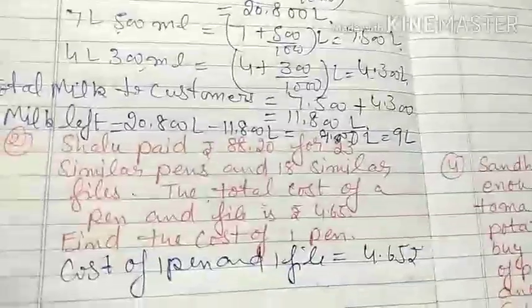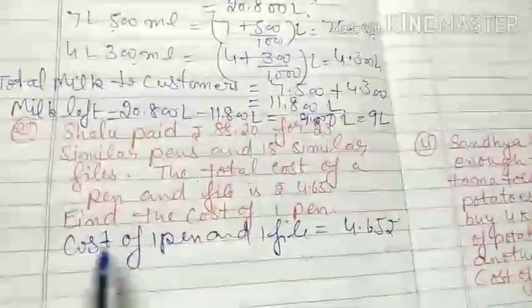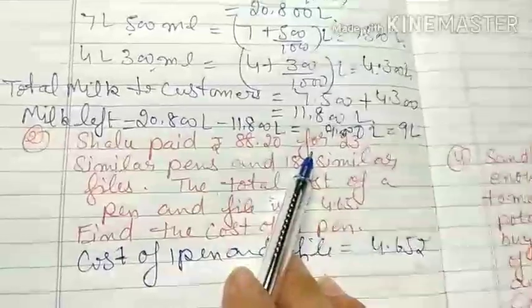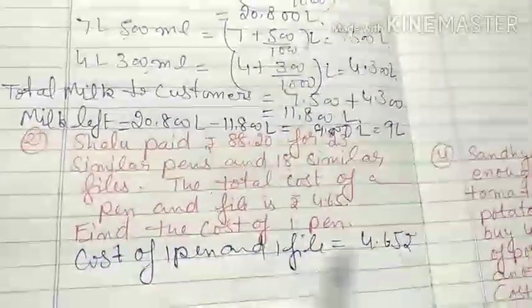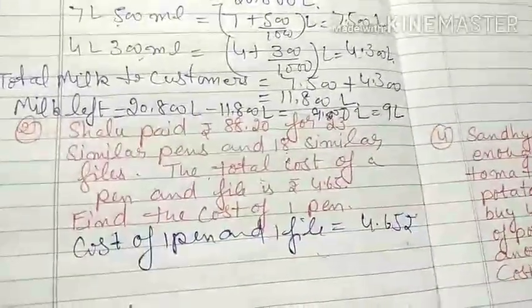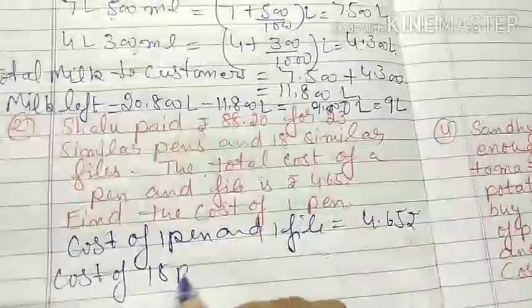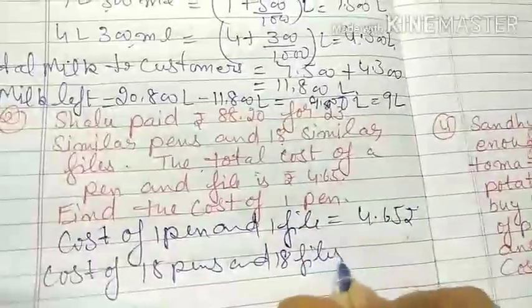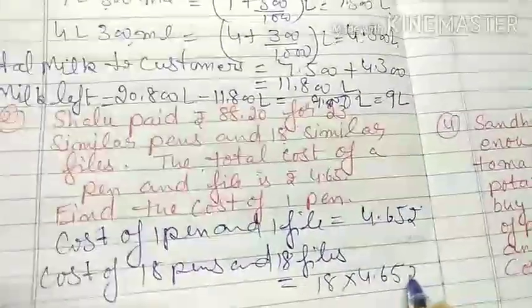Now the cost of 18 pens and 18 files: he bought 18 files and 23 pens, but if we go with the similar quantity, then we can find it together. If the cost of one pen and one file is 4.65 together, then 18 pens and 18 files together will be 18 multiplied by 4.65 rupees.